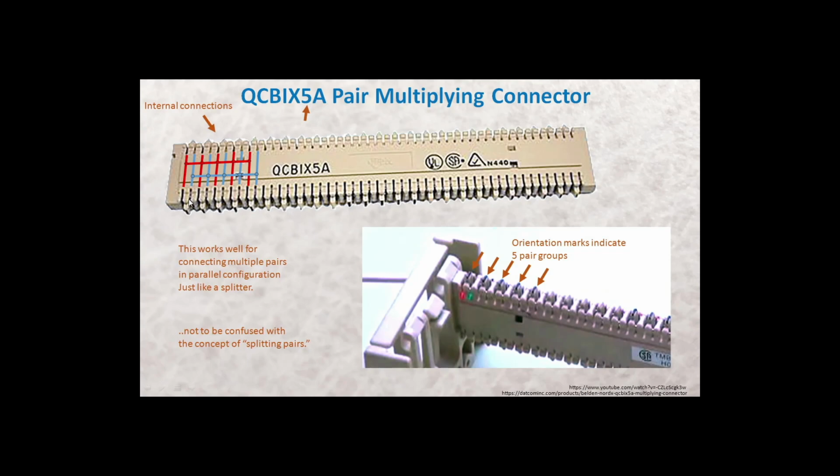Now this is just like a pair splitter. Okay, so if you terminate one pair, let's say right here, that pair is going to be copied onto the next 4 pairs. So basically this is arranged in cascades of 5, sorry. Okay, and this is how things are connected. Right, so this is like copying pairs.